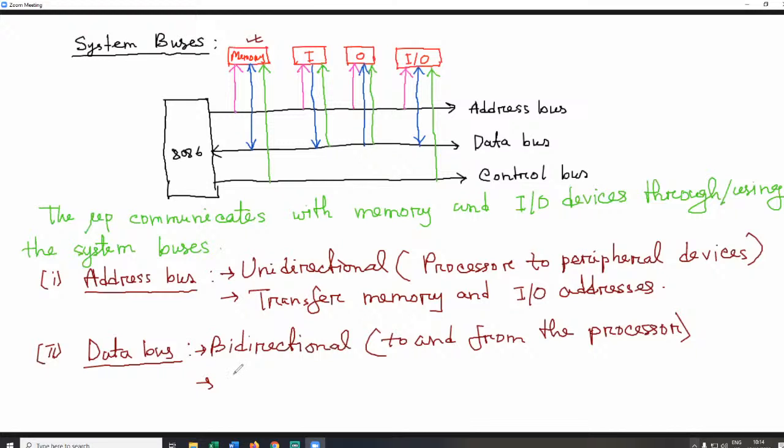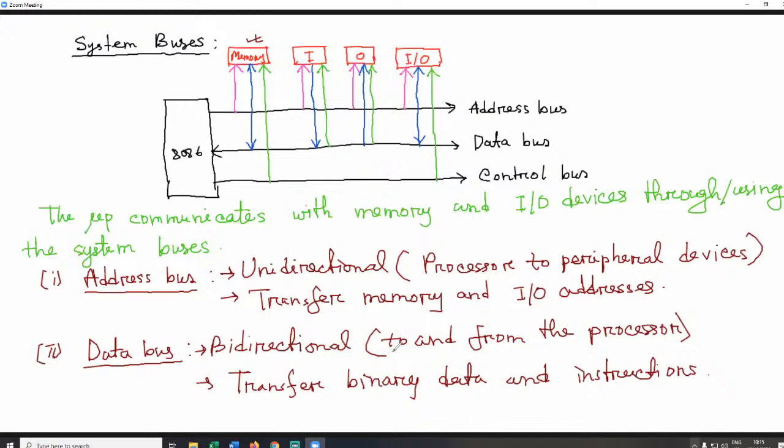Okay, it transfers binary data and instructions. That is what it transfers.